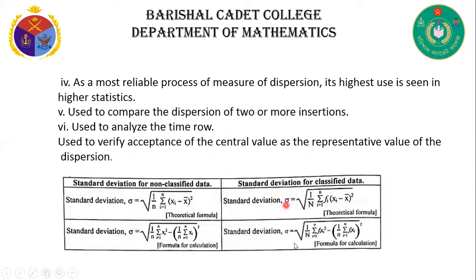We also use this formula: standard deviation sigma is equal to root of 1 by capital N summation i equals 1 to n Fi Xi square, minus 1 by capital N summation i equals 1 to n Fi Xi, whole square. Normally, we use this formula when solving standard deviation and variance related problems.